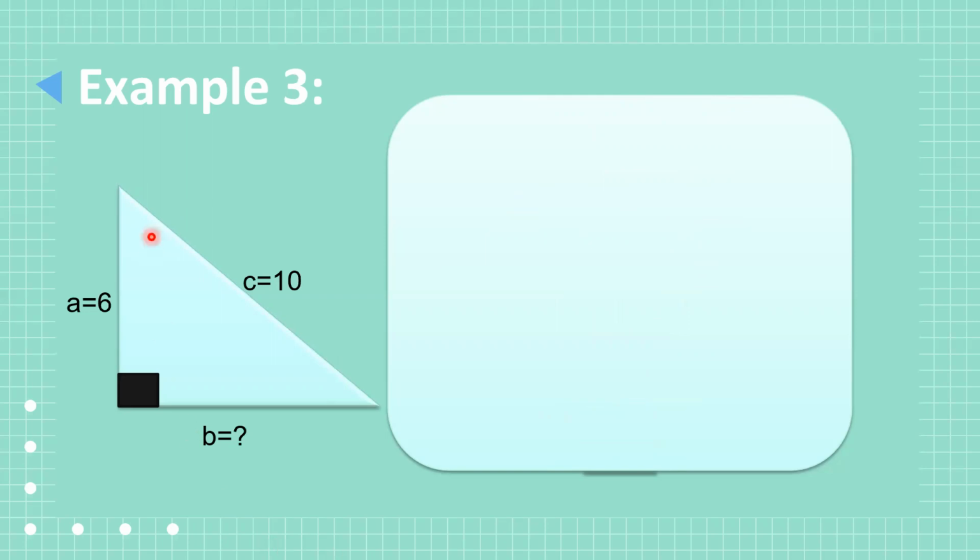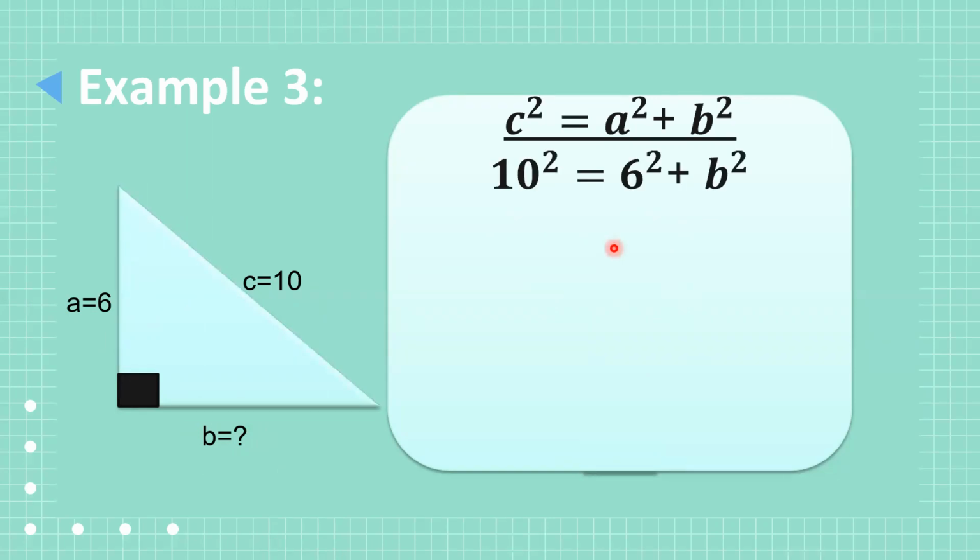Again, we have here a right triangle with sides A, B, and C. A is 6, C is 10, and the length of side B is missing. So let's use the Pythagorean theorem in finding the length of side B. We have C squared is equal to A squared plus B squared. Let's substitute the given.